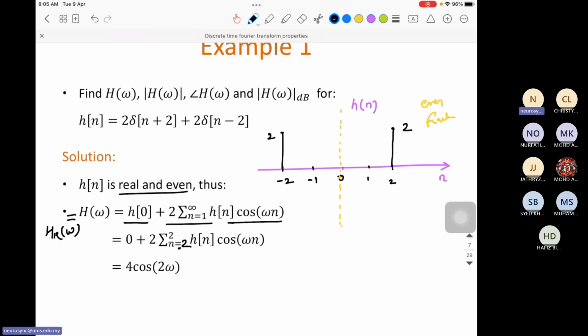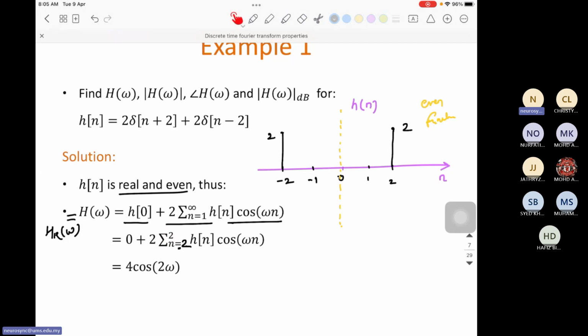h of 0 you can say here has 0 value, therefore it is 0 here. This is 2 times the summation of h of n. Now we have taken the summation from minus 2 to 2 here.